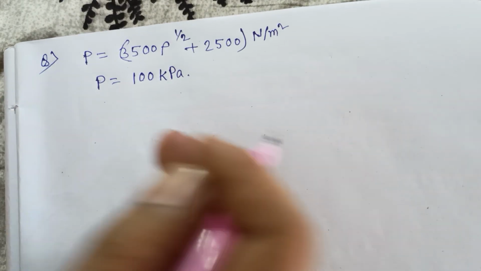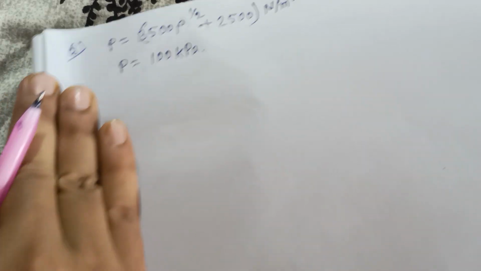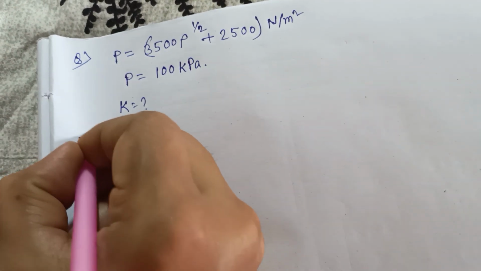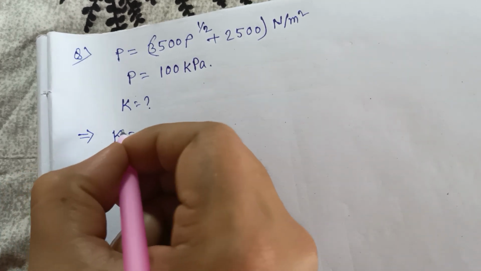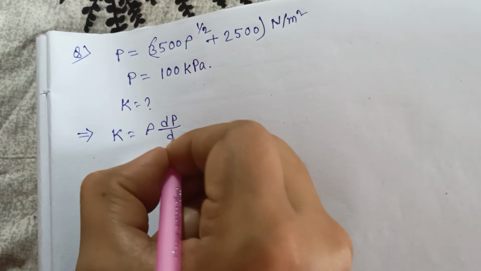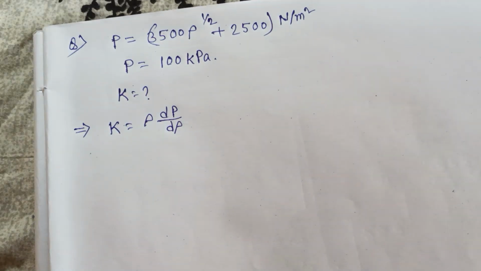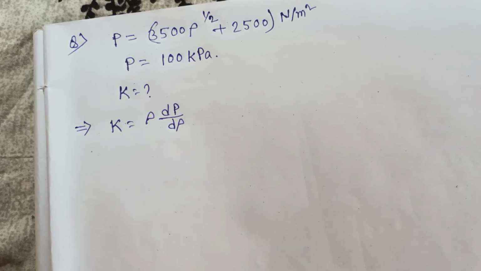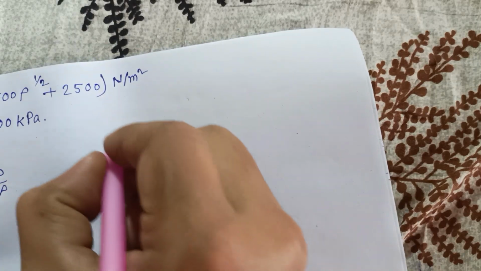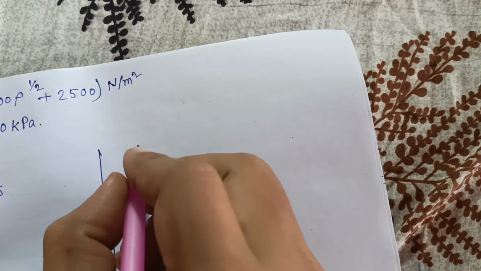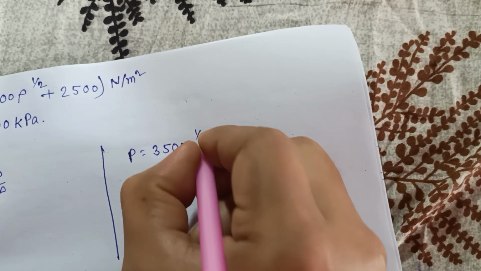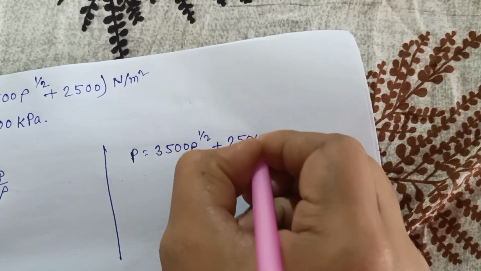So you have to calculate the bulk modulus K. What is the formula of bulk modulus K? That is rho into dP by d rho. Important case. Now we just need dP by d rho. We know that P is equal to 3500 rho to the power 1 by 2 plus 2500.